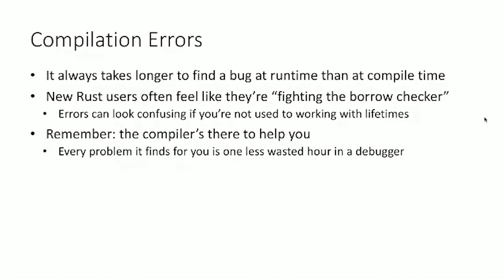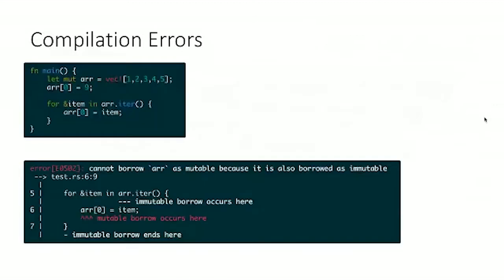Now, I'm going to go over a few compile errors and explain why they're occurring, even though they might look confusing initially. So this is a simple program. It just assigns every element of an array to the first one.